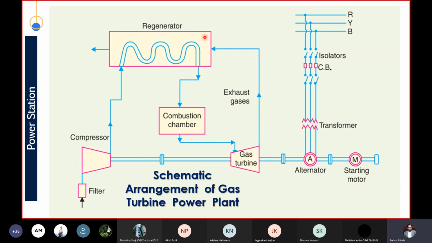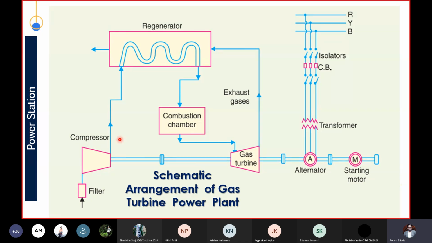Now the heat of these exhaust gases will be exchanged in the regenerator to the high pressure air. In the second cycle, this high pressure air will be heated with the exhaust gases in the regenerator.